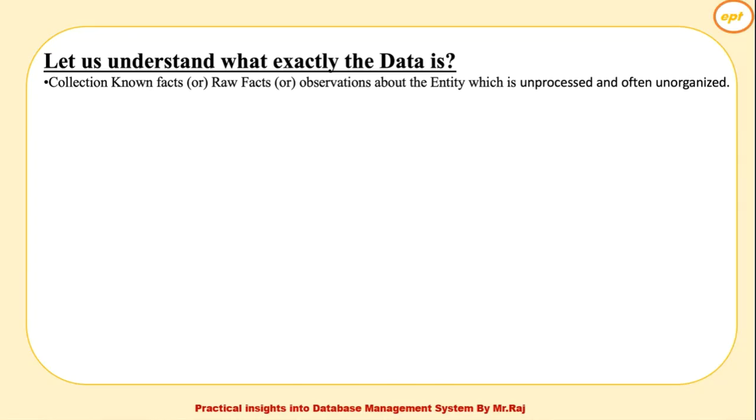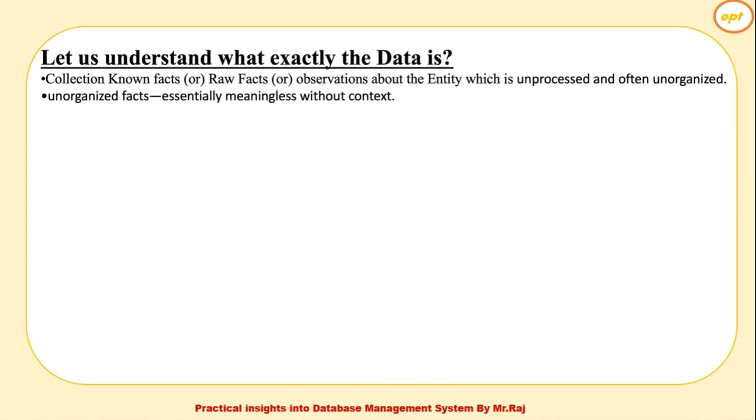Also, data is always in an unprocessed, unorganized format. One more important thing is that data doesn't have any meaning at all. We will see practically what that means. An unorganized fact doesn't have any meaning, no context at all.